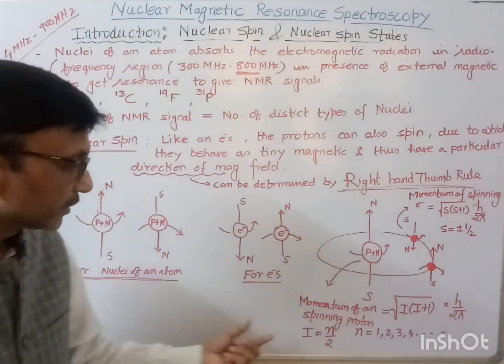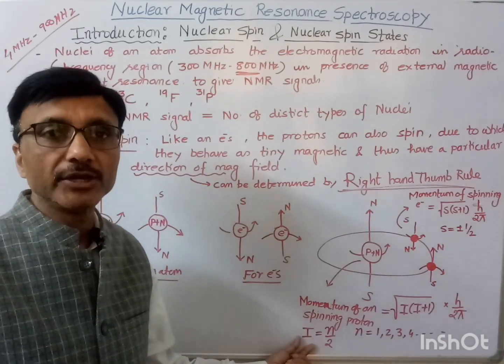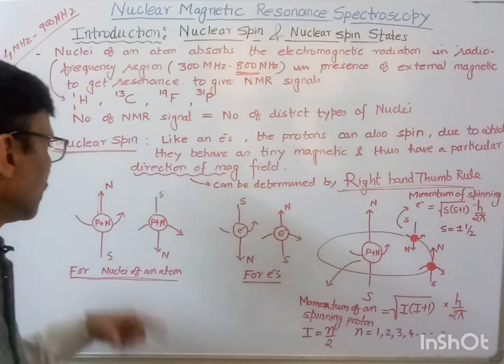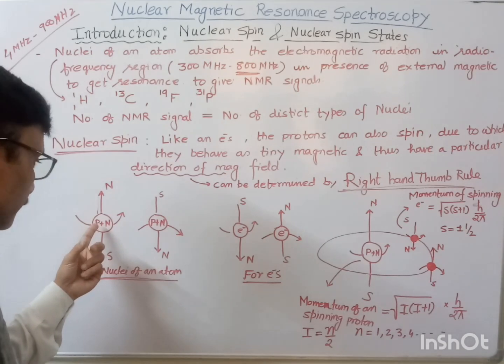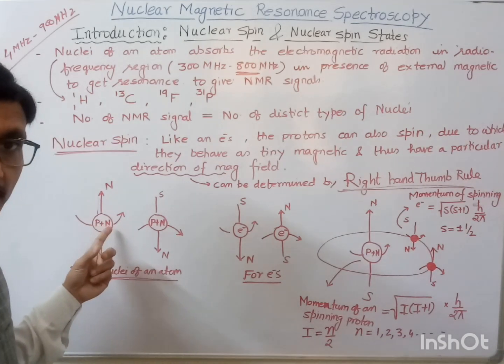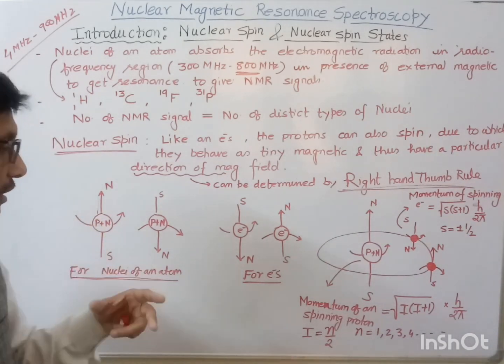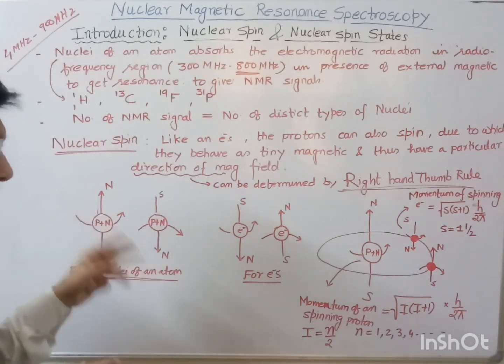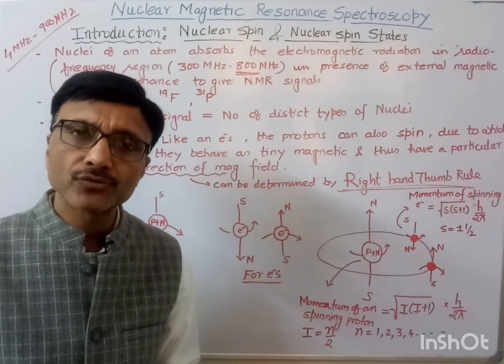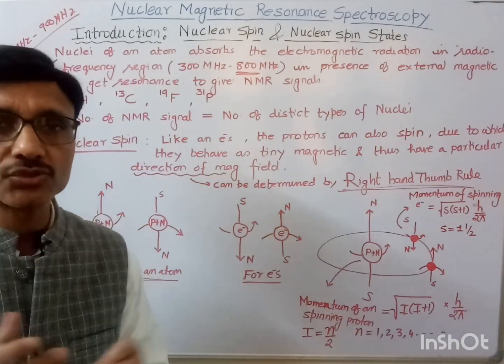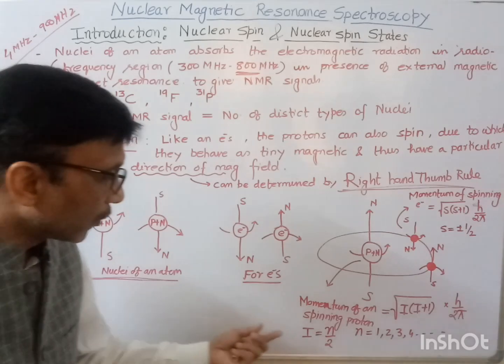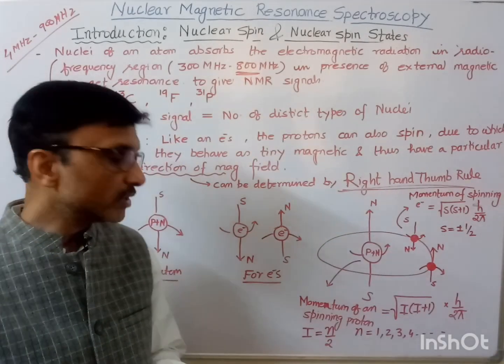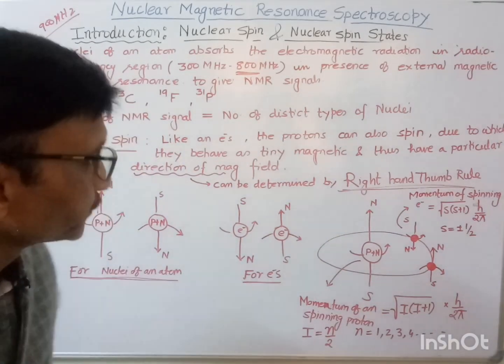But overall, the value of I for a nucleus depends upon the protons and neutrons, and how they are spinning and so on. So let us see about this nuclear spin quantum number.